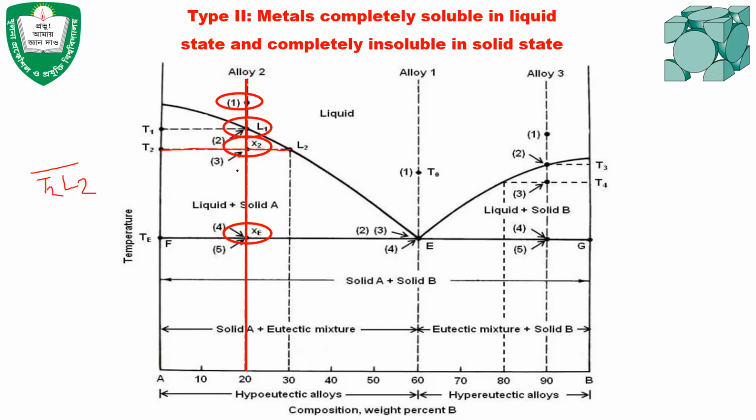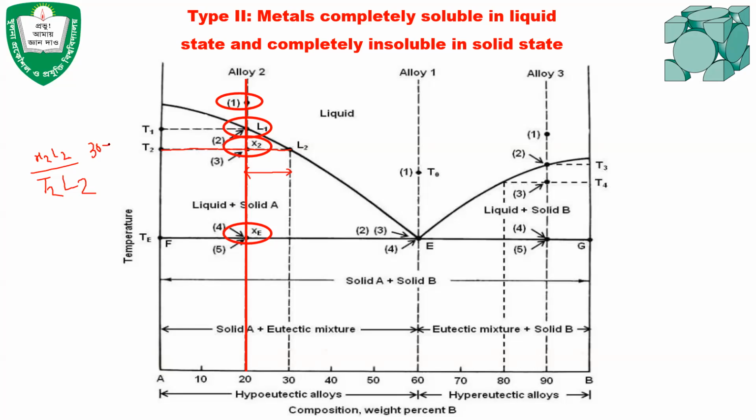And if you want to find the percentage of solid, then you have to consider this length up to the liquidus line, from the alloy to the liquidus line. This length is x2 L2. And this will give you the percentage of solid. And what is the value of x2 L2? That is 30 minus 20.